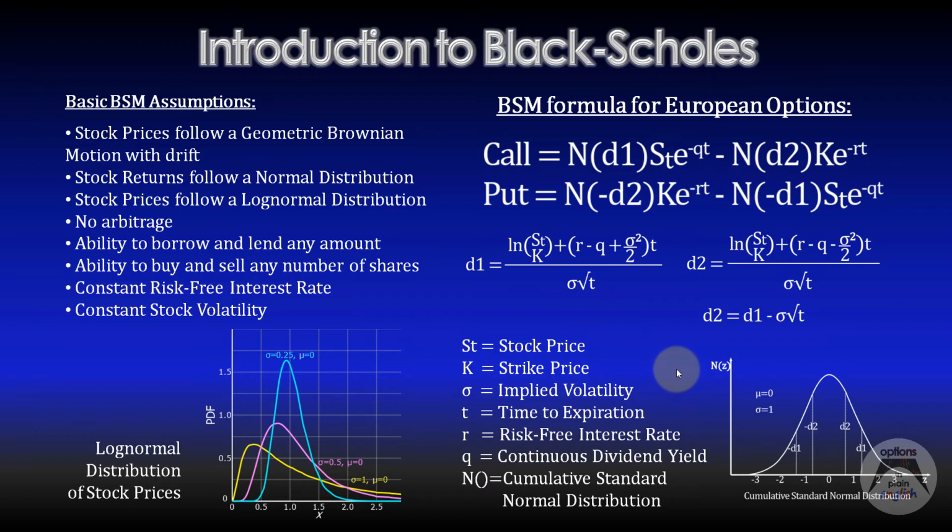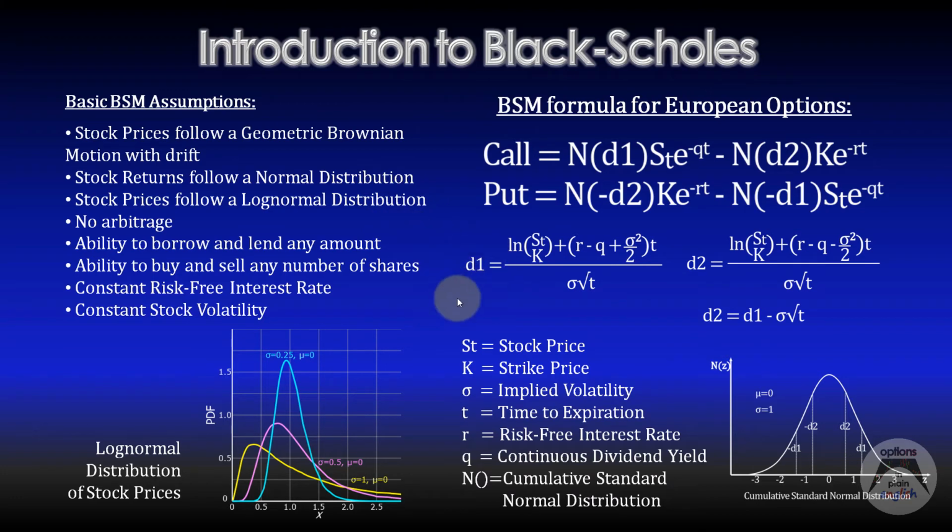Now, right away, something that we didn't mention here is that the capital N of D1 is actually the delta, the Greek delta, and capital N of D2 is the probability of expiring in the money.